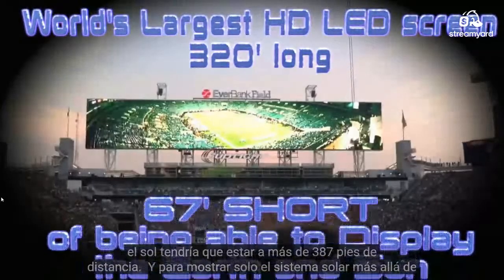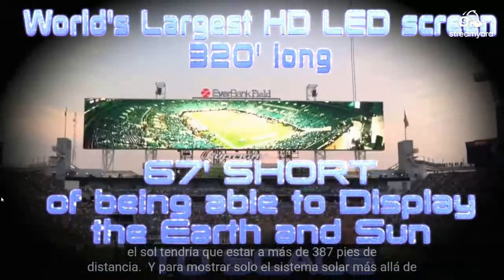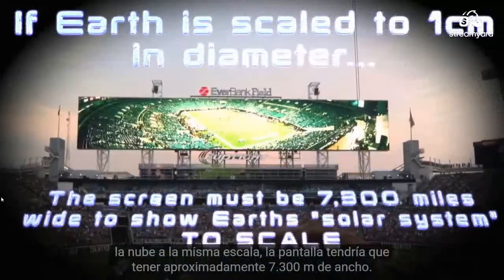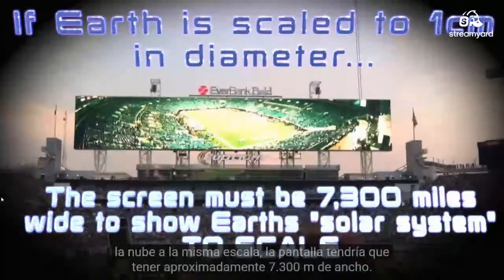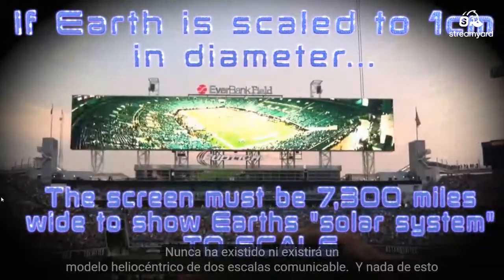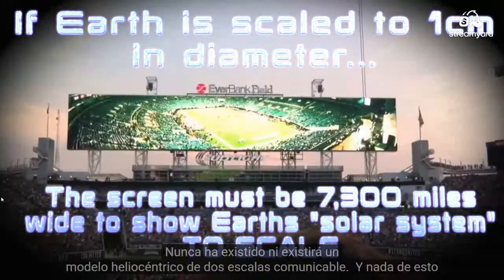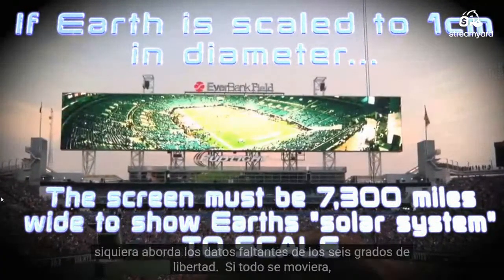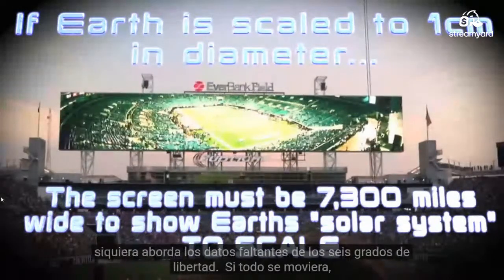And to show just the solar system out past the Oort cloud at the same scale, the screen would need to be approximately 7,300 miles across. There has never been, and never will be, a communicable to-scale heliocentric model. And none of this even addresses the missing 6 degrees of freedom data.